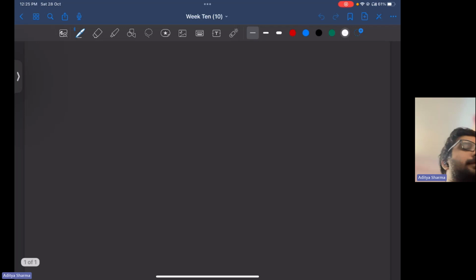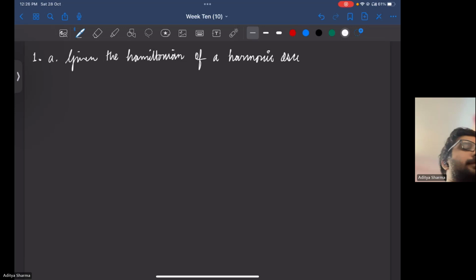So the first question is this. We've been given the harmonic oscillator, given the Hamiltonian of the harmonic oscillator, which is this.